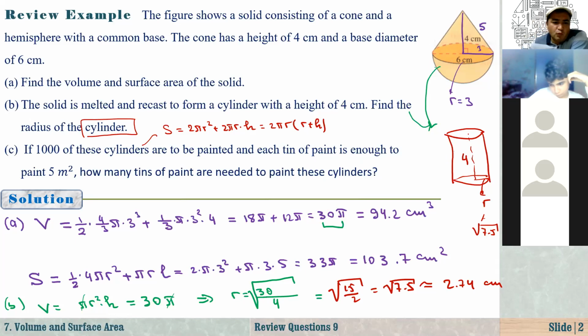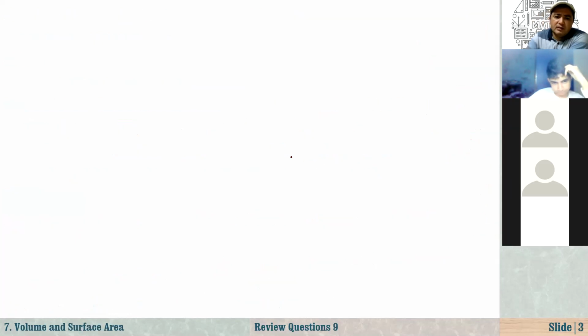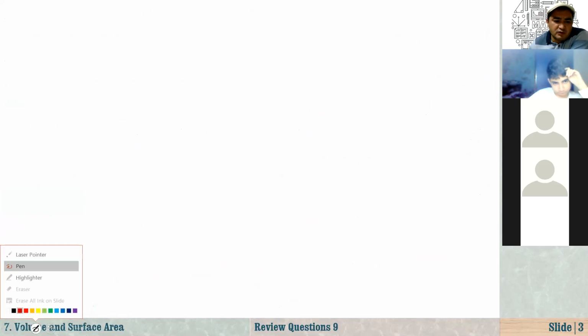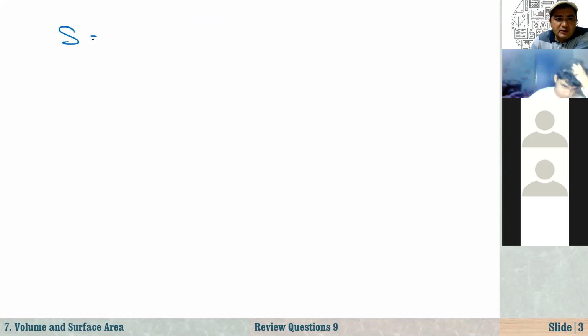Now it says 1,000. So we should multiply this by 1,000, right? So that is in centimeters squared, and here we are talking about meters squared. 1 tin of paint is enough for such a thing. Anyway, let me just write here the total surface area. S is equal to 2 pi r (r plus h).